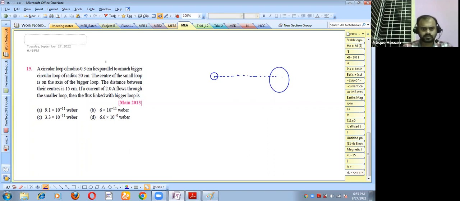The distance between their centers is 15 centimeters. So this distance is given, 15 centimeter.